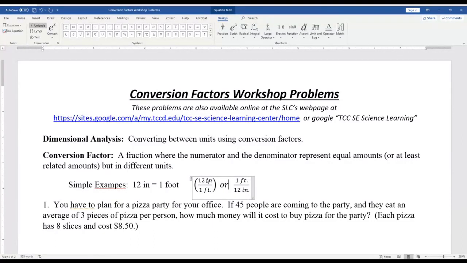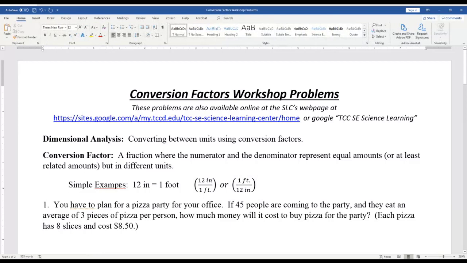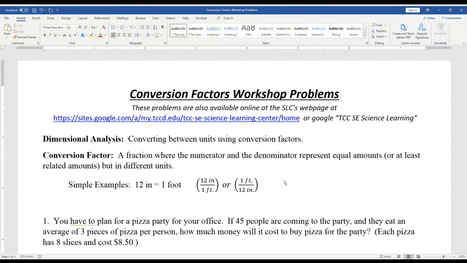The unit that you start with has to cancel out. So that's a simple example of a straightforward conversion factor.